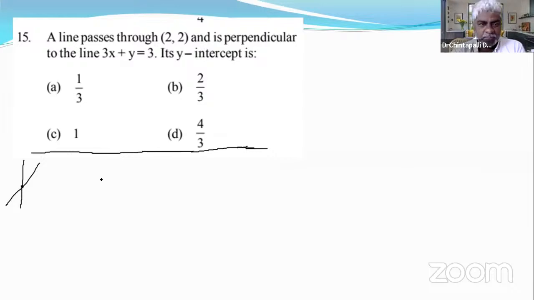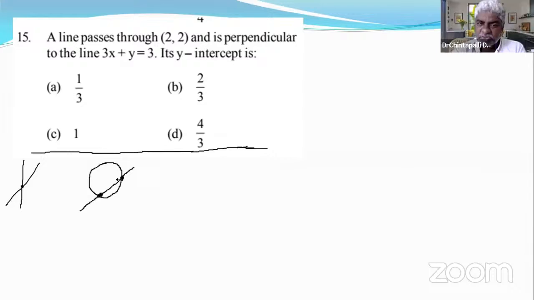For example, if a line is intersecting a circle, there are 2 points of intersection, right?